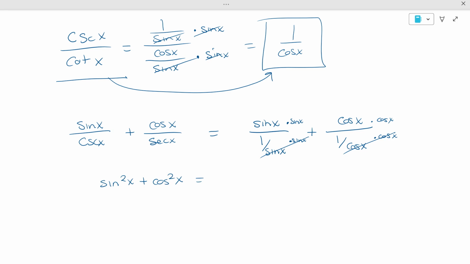Because sine times sine is sine squared. Cosine times cosine is cosine squared. And that's how you write sine squared and cosine squared. And what's sine squared plus cosine squared? Did we say a little earlier? 1. So this whole thing simplifies to be 1. And that's the type of thing we'll be doing in here.